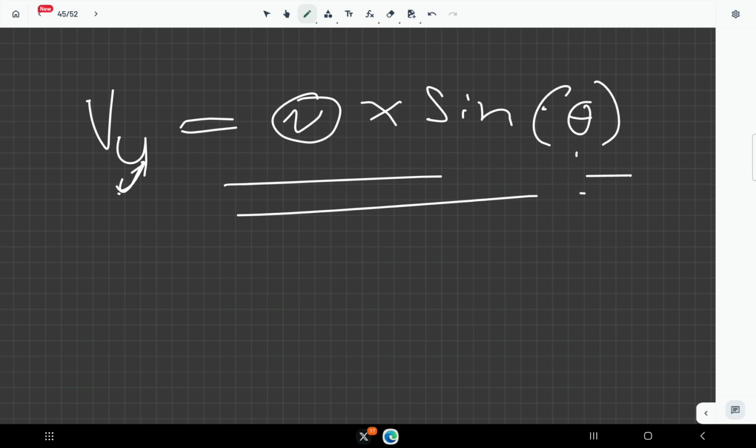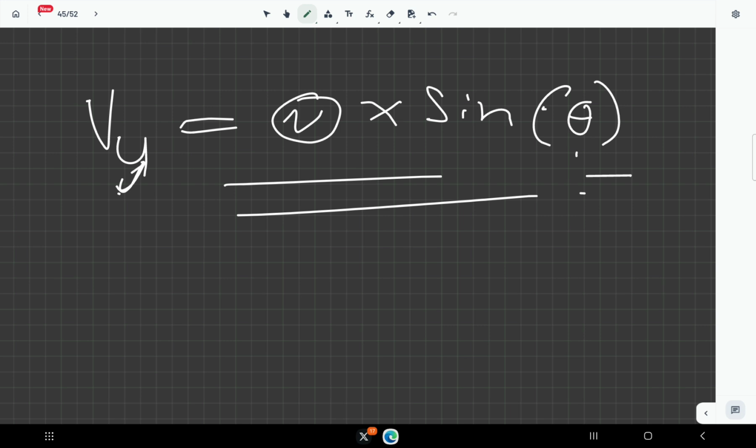Now, the maximum height is reached at half of the time. We can't actually say half of the range because it's less accurate than saying half of the entire total flight time.